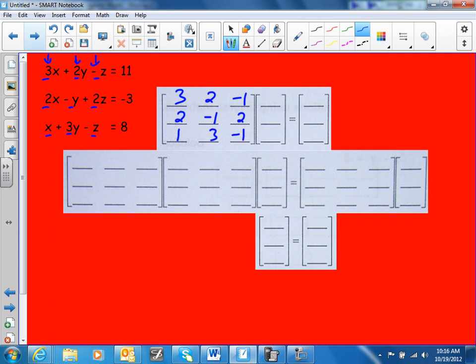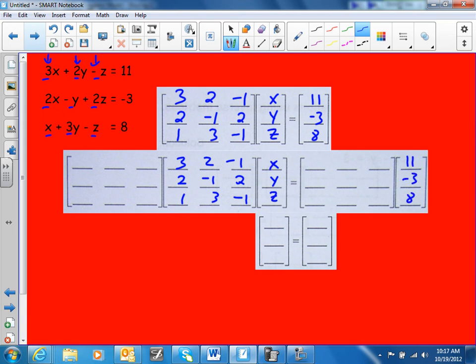In this case, I have x, y, and z, and then my constants are 11, negative 3, and 8.